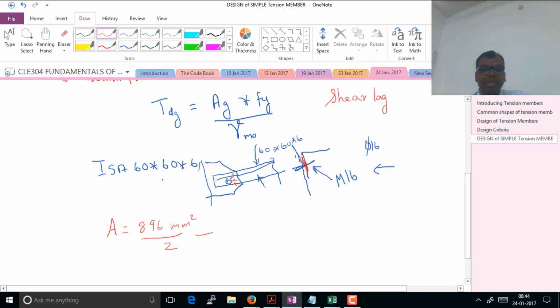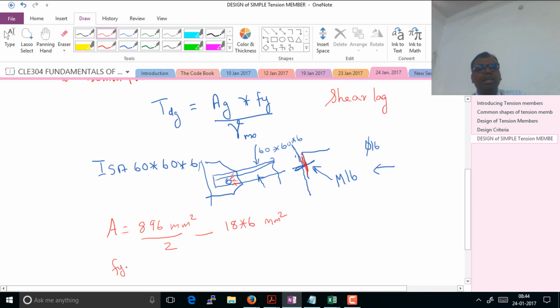I'm using an M16 bolt, so the bolt hole will be 2 mm more than the bolt diameter. It's nothing but 18, and this angle is 6 mm thick. So this is the gross section area.